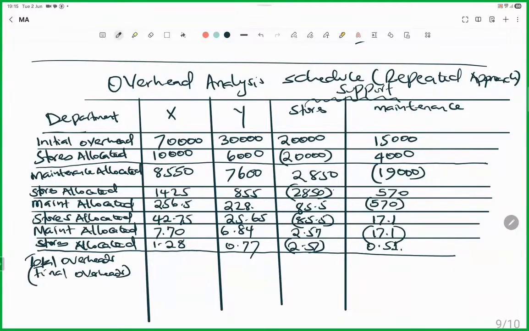So if it is X, you are adding up everything. 90,000 to 83.23.